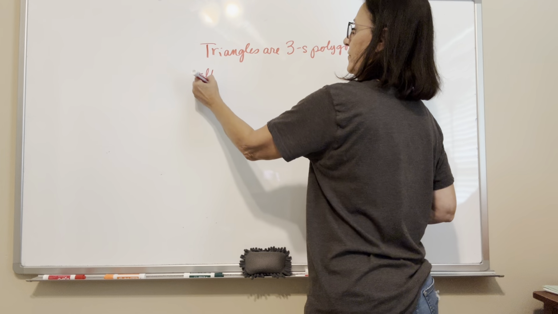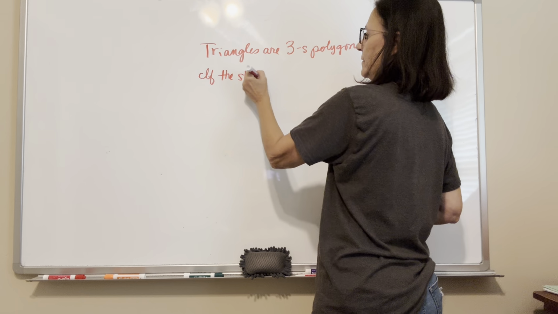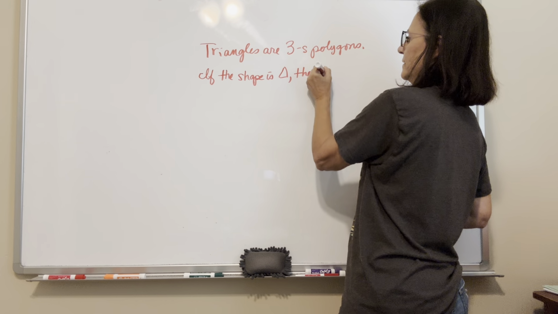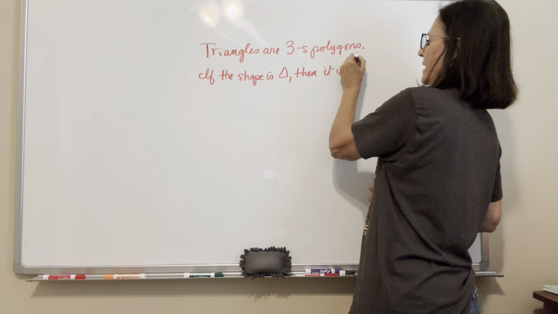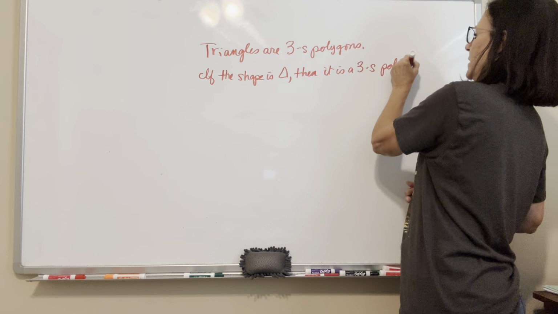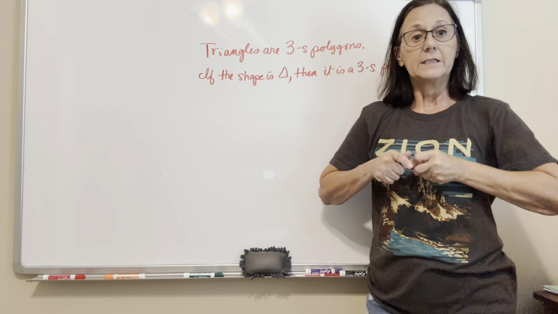If the shape is a triangle, then it is a 3-sided polygon. So from sentences, you've got to be able to come up with the conditional statements.